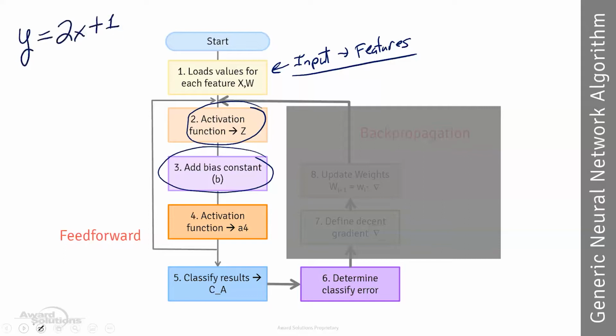Technically, this is that bias. That's more of what we're talking about, this constant that's added. Step 4 is another activation, and then we'll look at classifying the results. We'll look at that a little bit more in a second.